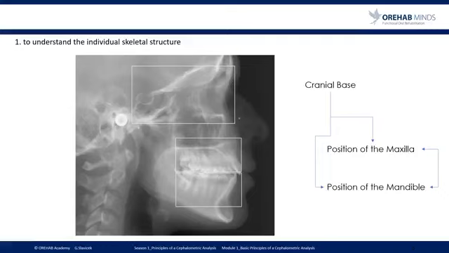So first of all, in the cephalometric analysis, we want to understand the position of the maxilla in relation to the cranial base and the position of the mandible in relation to the cranial base.